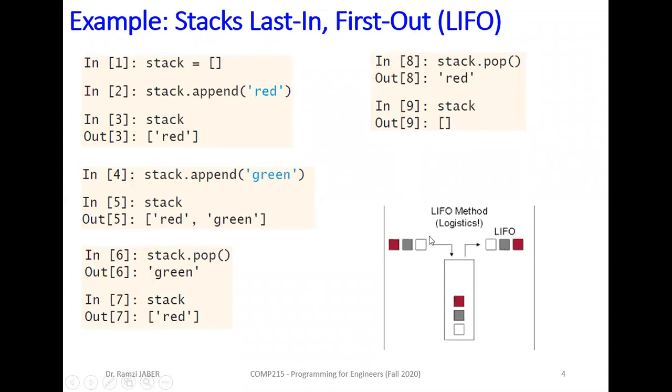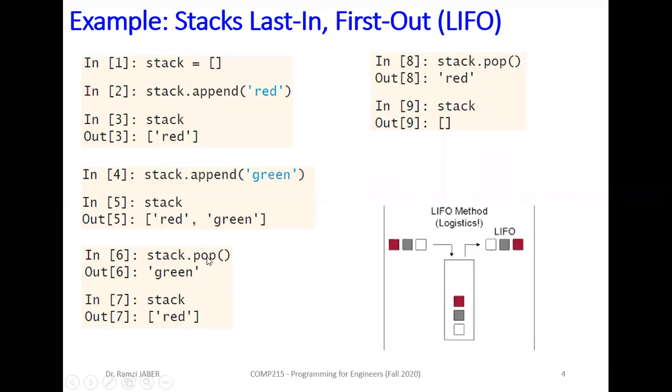Add and remove. Push and pop means add and remove. Last in, first out, as you can see. Append red, append green, pop removes the last item green. Another pop removes the last item, which is the one element, red.